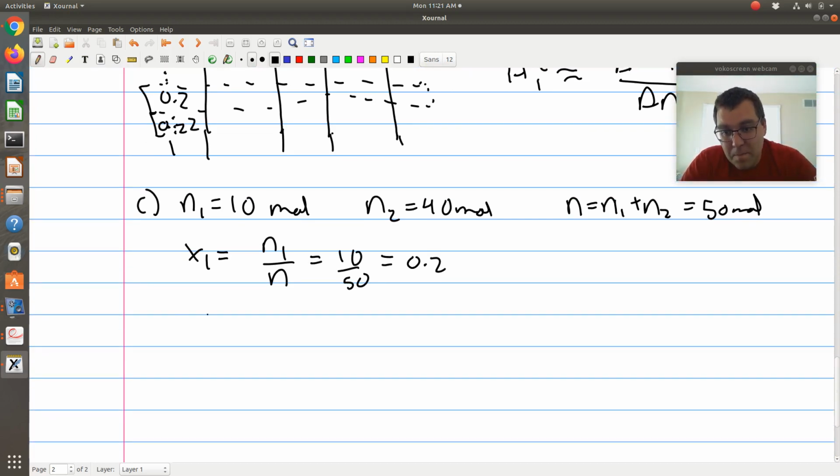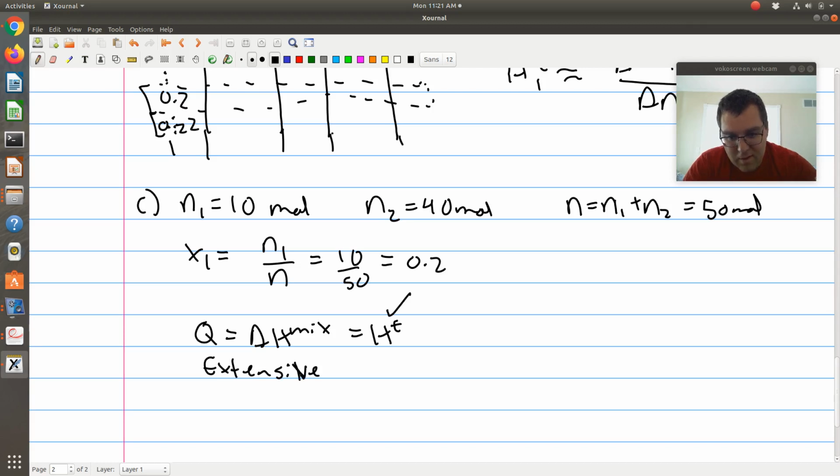My molar Q, my intensive Q, would just be equal to ΔH of mixing, since everything's at the same T and P, which in this case would equal HE at 0.2, and that would have been tabulated in part A. Then since it's asking for the extensive quantity, that'd be NQ, which is N times HE, where N is 50.